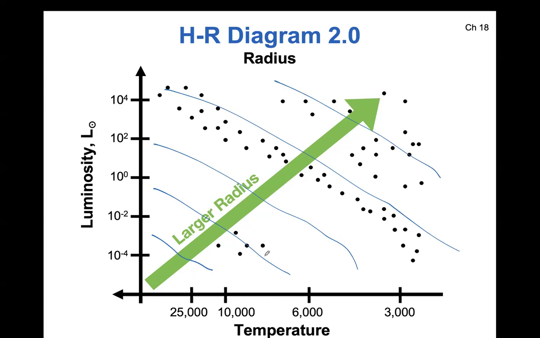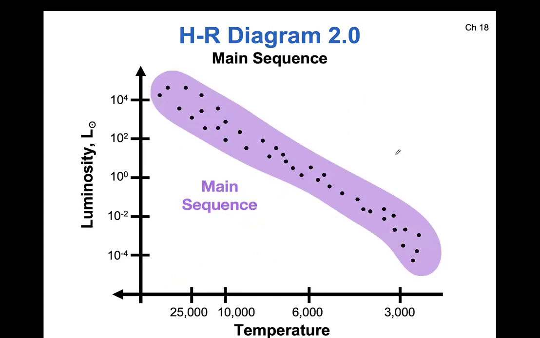If you compare to the size of the sun, the radius would go up logarithmically, so steps of 10, powers of 10, from stars that are 100 times smaller than the sun, and so on as we move up. And each of these diagonal lines would correspond to that next multiple of the size of the sun.